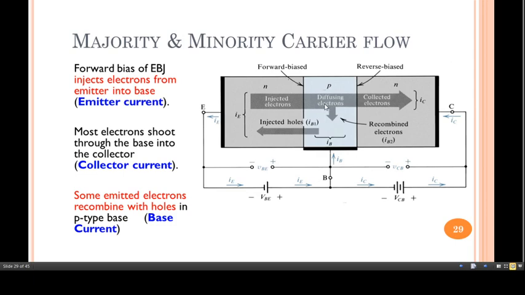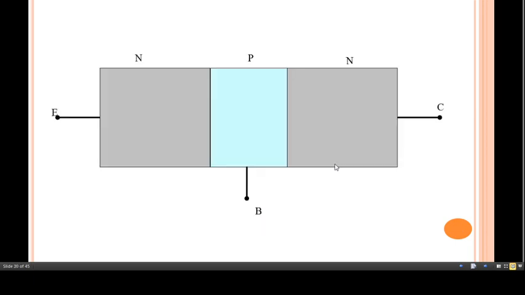Now most of the electrons shoot through the base into the collector and will get the collector current IC, and some of the electrons injected by the emitter region are absorbed in the base region, means they get recombined with the holes from the base and will get the base current. Now we'll see this in this diagram.